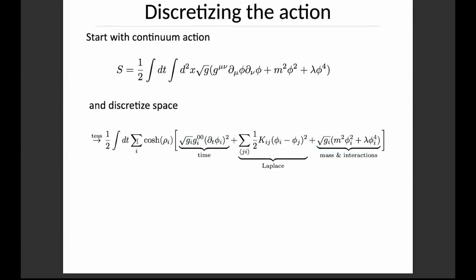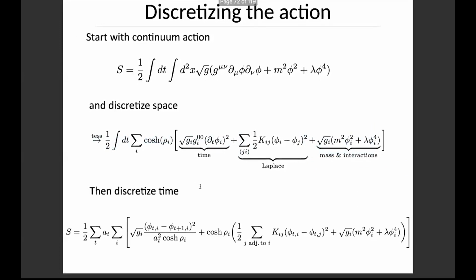Also, I'll point out that in this discretization or tessellation, we have this cosh rho factor now out front of everything. So there's this kind of warping factor out front. And we'll see what that does in a second. I'll just say that continuing this process, we could, of course, now discretize time. So time has not been discretized yet, but we could discretize it.